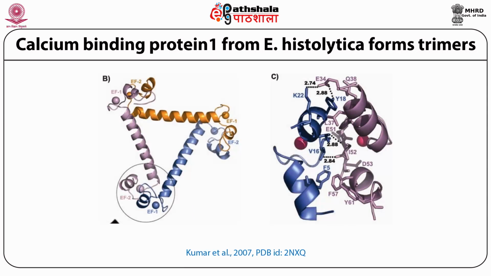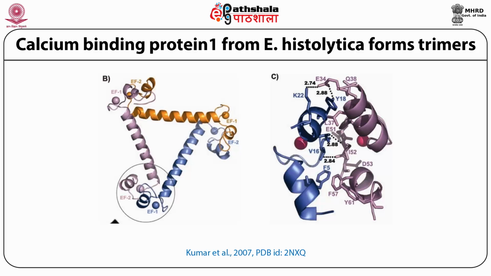Here I am showing another example of multimeric protein structures. This is another structure determined in my lab, a calcium binding protein 1 which forms a trimer. It's an elongated structure. The EF1 motif and EF2 motif are connected by long helices.